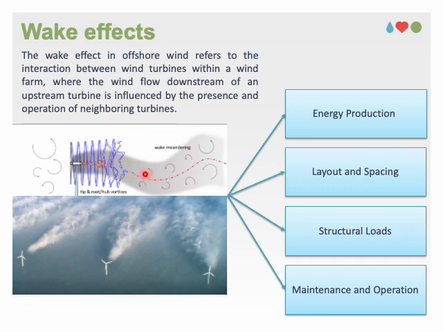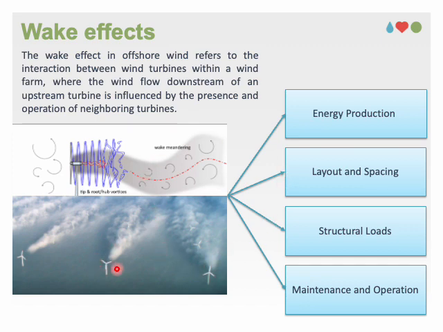Since the power output of a wind turbine is proportional to the cube of the wind speed, even a small reduction in wind speed can result in a significant decrease in power production.